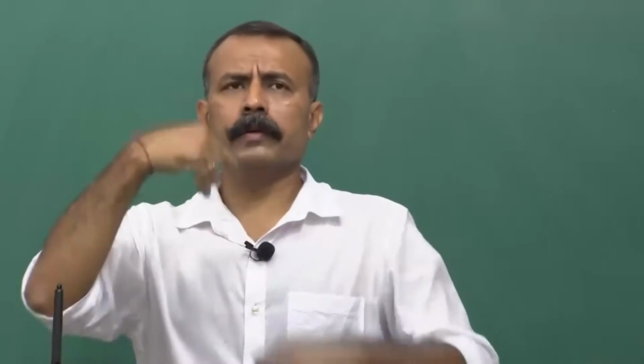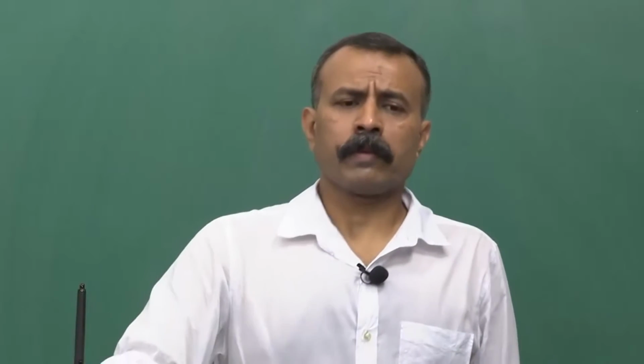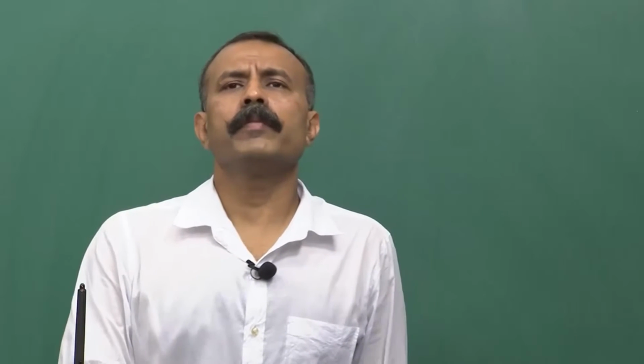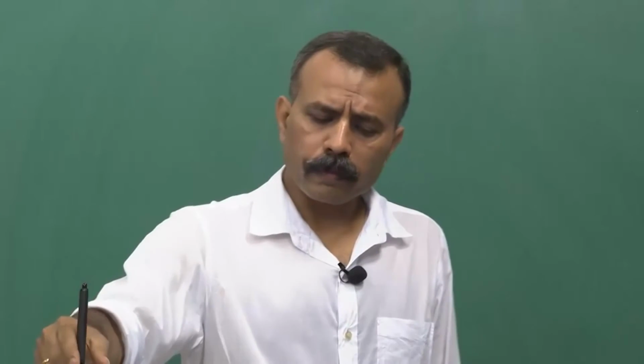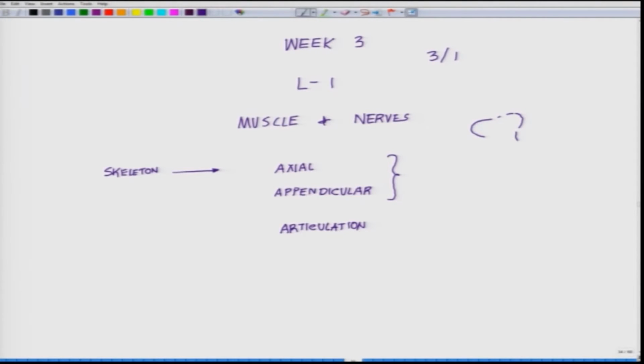With this, let us move on to what is muscle. By this time it must be clear to you that suppose there is a bone like this, and you have the cartilage out here, the epiphyseal cartilage, the articular cartilage, and on top of that you have the muscle growing.